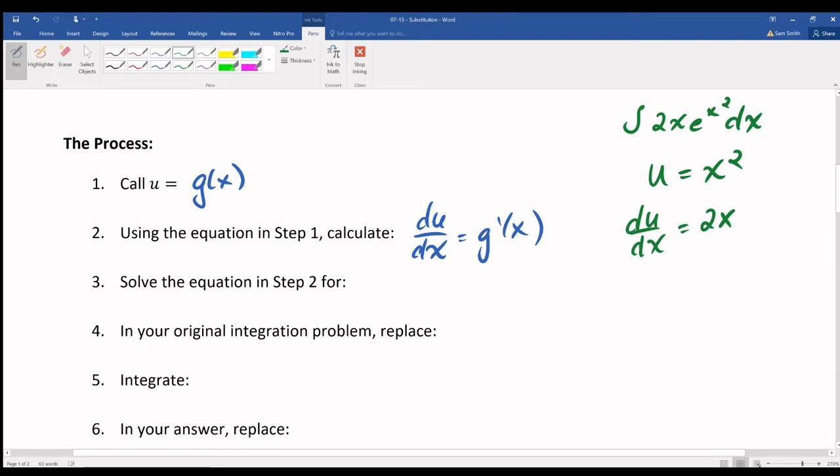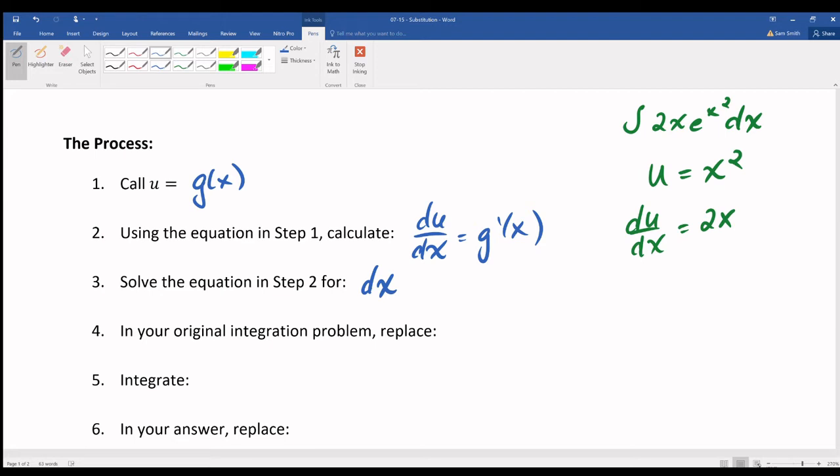Now, step 3 of the substitution process. Take this equation du dx equals g prime, or in our case equals 2x. And your next job is to isolate dx. And the key idea here is to treat du dx as if it were a real honest-to-goodness fraction with a numerator called du and a denominator called dx.